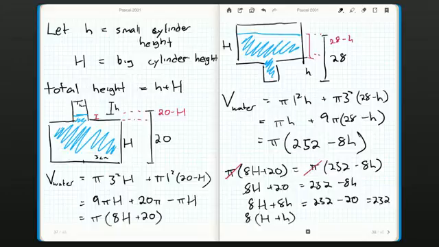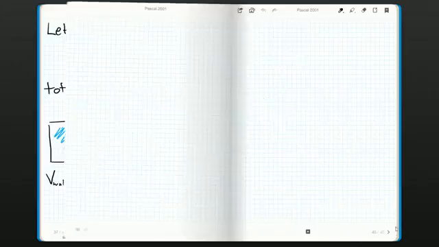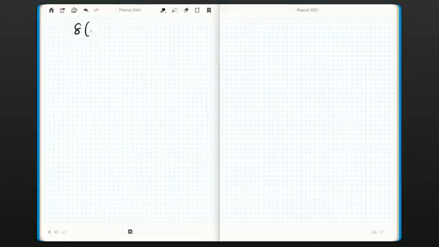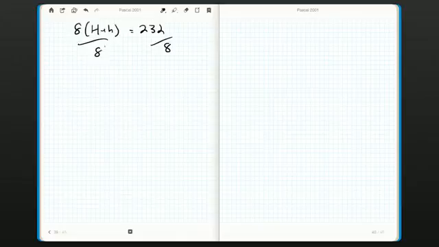So I can take out a factor of 8 here. So 8 times the total height is going to be 232. So if I want the total height, capital H plus little h, we'll just rewrite this equation here. If I want H plus h, I divide both sides by 8.